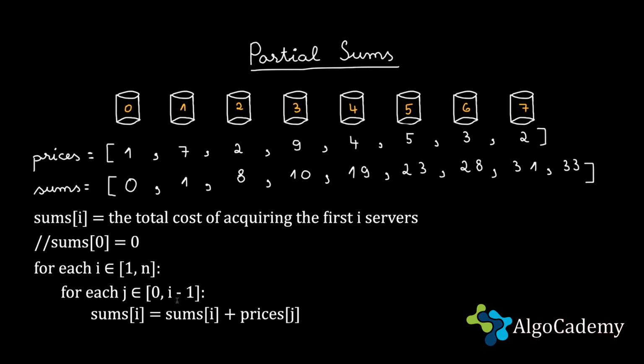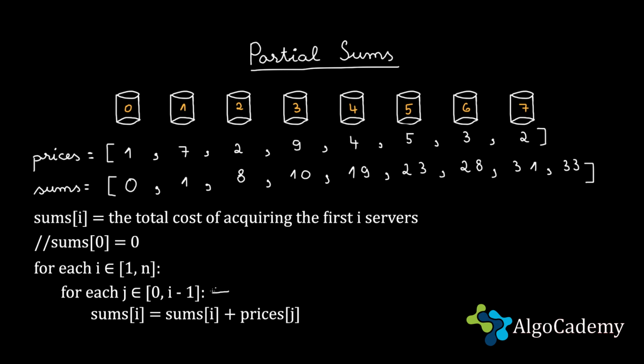Again, let's suppose you have 10,000 servers. Let's find out how many additions like this you'll have to make in order to compute every element in sums. We obviously have two nested for loops, so in order to analyze the time complexity, or the number of operations, we will start from the inner one.